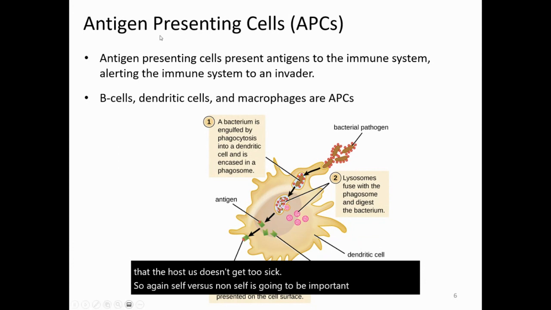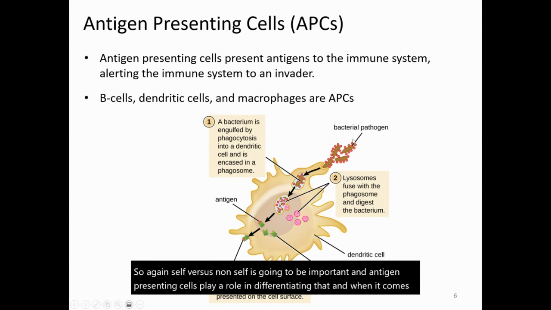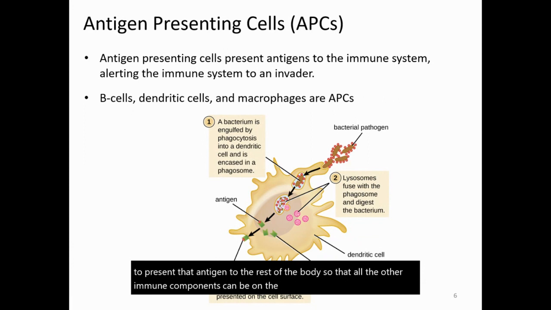And antigen presenting cells play a role in differentiating that. And when it comes into contact with something that doesn't belong, like the bacteria in this picture, they're going to eliminate what they find, but then they're going to present that antigen to the rest of the body so that all the other immune components can be on the lookout for it.